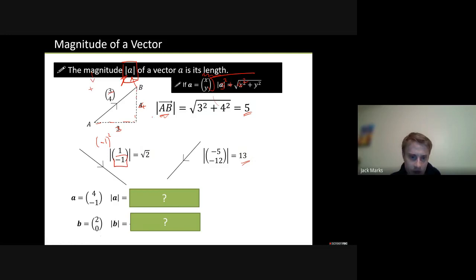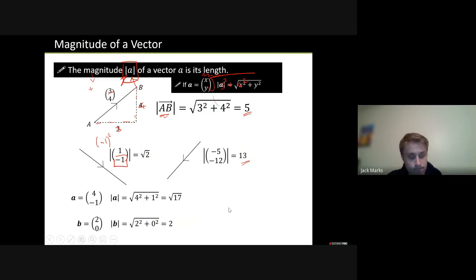It will often be an irrational number, a decimal, and so on. A magnitude of 0 would mean that the vector would be 0, 0. Even 2, 0 still has a length of 2. If you go 2 to the right, 0 up and down, then the magnitude is still 2.